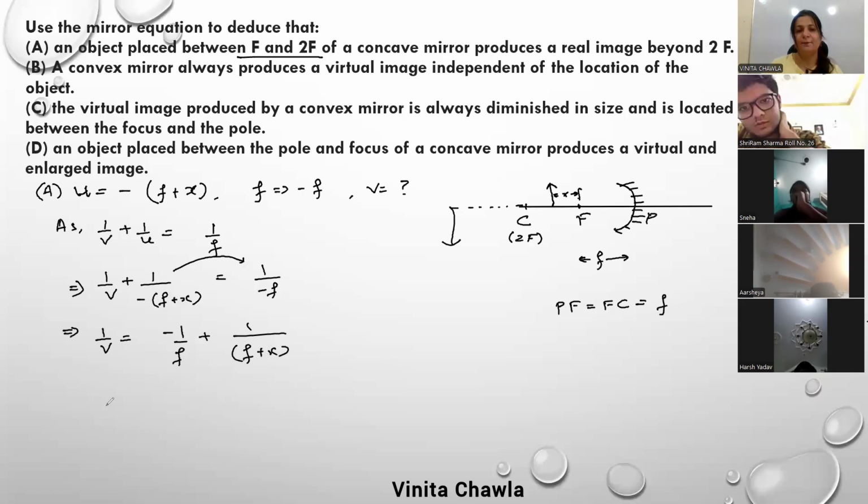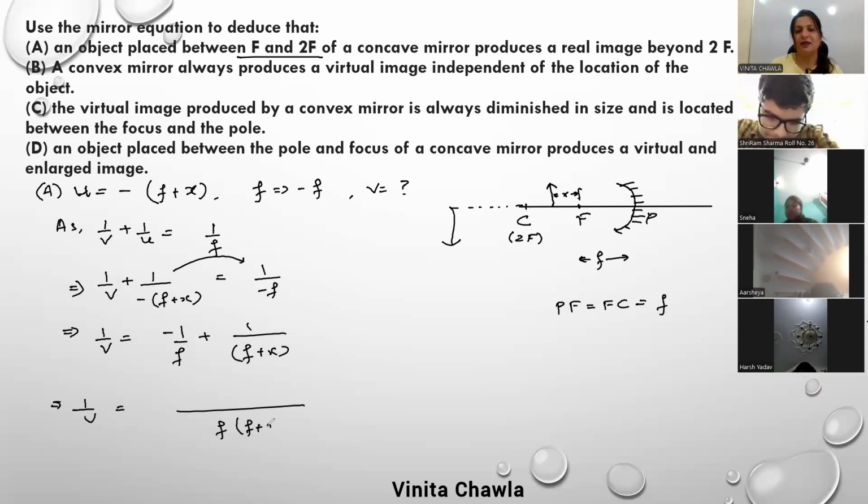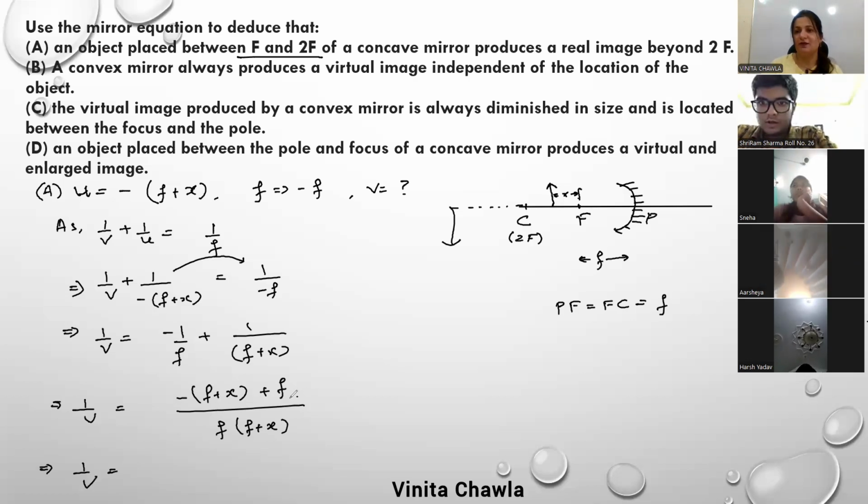Now take the LCM, you will get 1/v is equal to, with f plus x as the LCM. For the first term, f plus x is not there, so we'll write f plus x here with a negative sign. The second term has f plus x already, but not f, so multiplying 1 by f gives f. So this implies 1/v is equal to minus f minus x plus f.